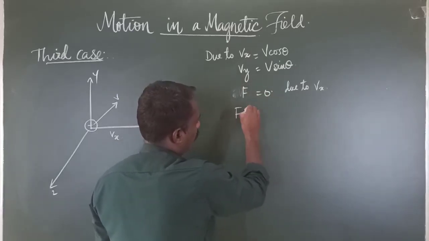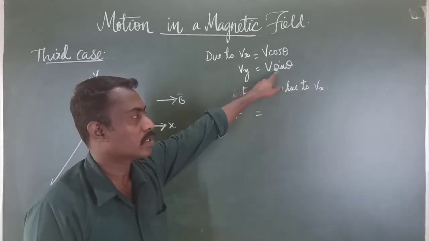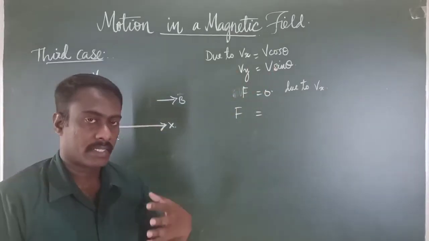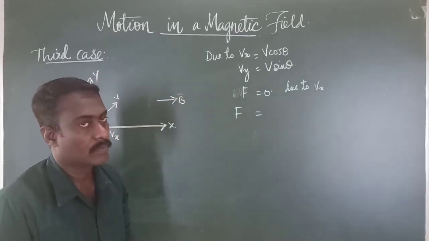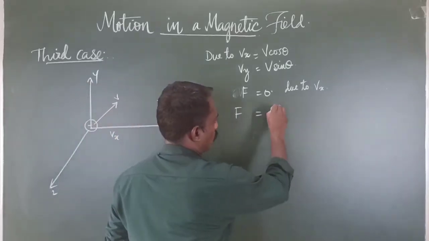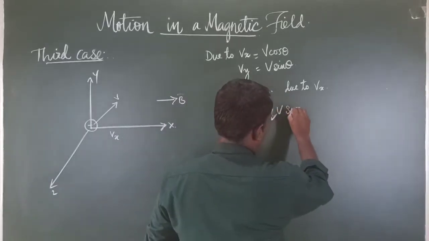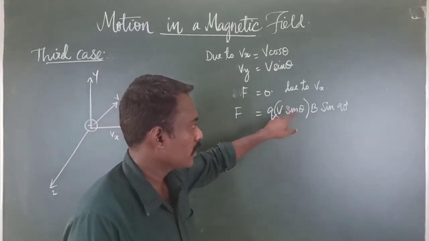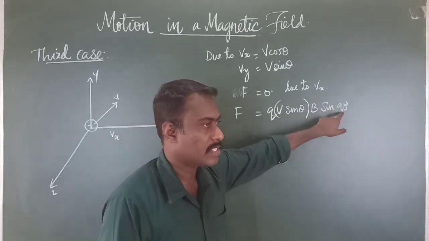Then what is the value of F when we consider the sine component of velocity, that is when the angle is other than 0, 90 and 180 degrees? For a single charge the magnitude of the force exerted is q into V sin theta into B sin 90.